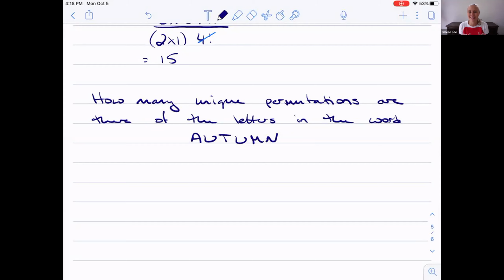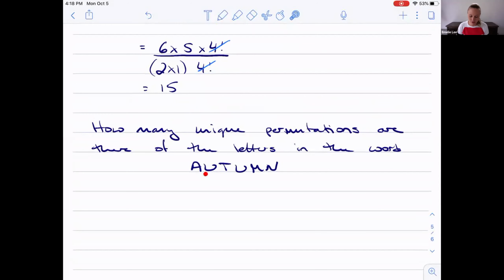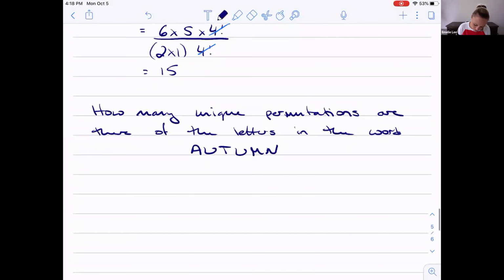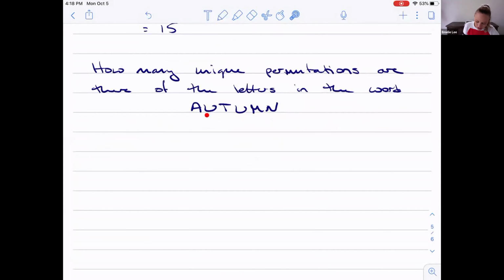It doesn't look like the same problem, but it is, because instead of just boys and girls, now you've got an A, a U, a T, another U, an M and an N, right? So this is the same as treating each letter as if it's unique.